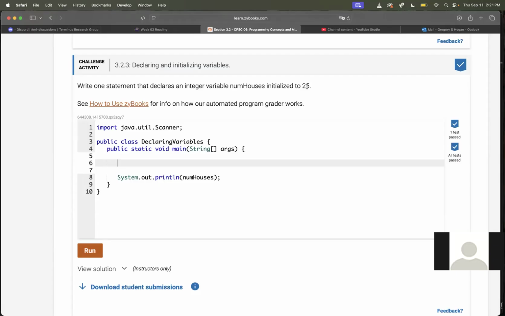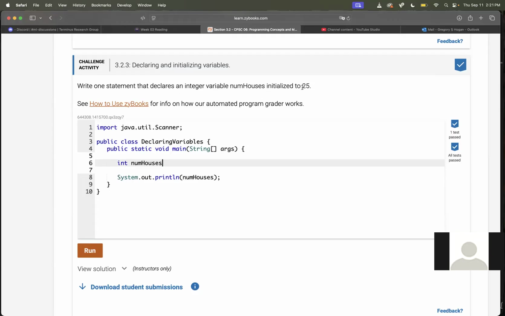So if you've read the previous section or the stuff above this, you know that to declare an integer, you start by typing int, and then you put the name. The name is supposed to be num houses, so I type num houses. Make sure you get the capitalization right to match what you have down here.